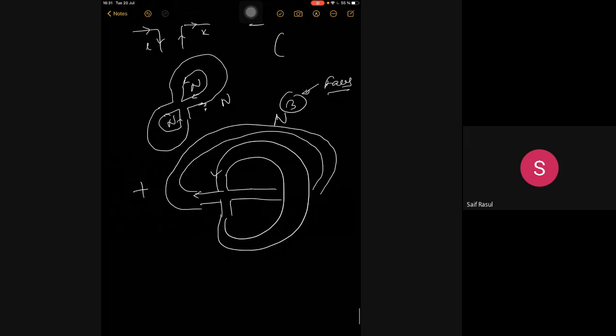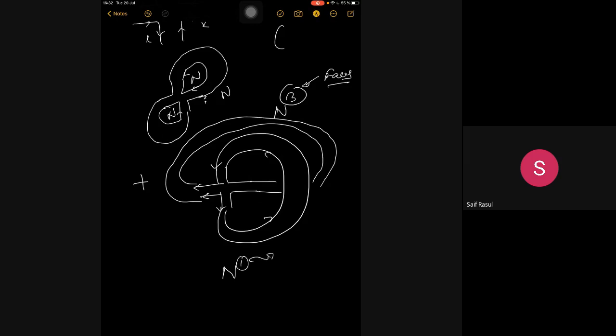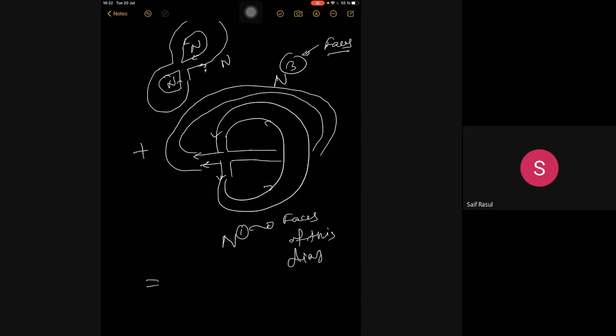This diagram. Here you'll see that if you try drawing this, try labeling this, you'll need only one n, that is n1. That is the number of faces of this diagram. So if you break them out, how many vertices do we have? Here we are dealing with only one vertex.